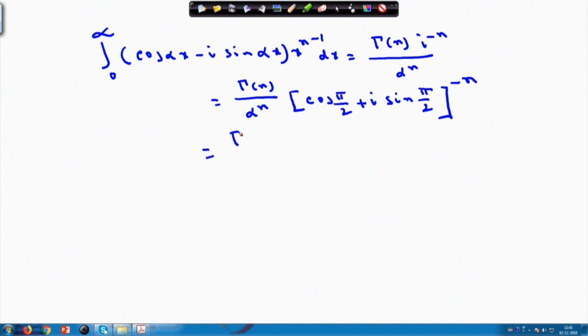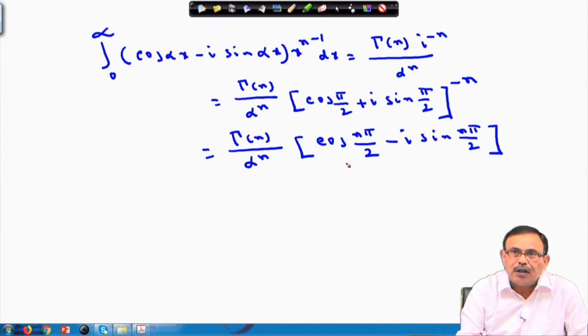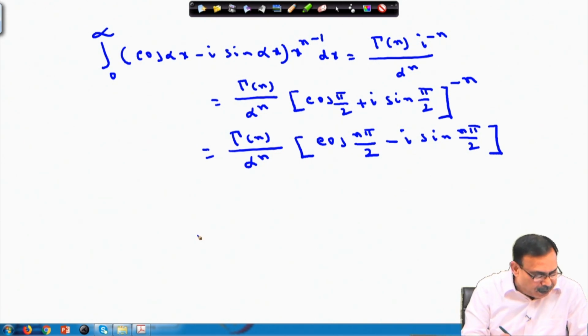So, once I am writing this, using again the theorem, this n can come here. So it will be cos n pi by 2 minus i sin n pi by 2. This directly we can write down: cos pi by 2 plus i sin pi by 2 whole to the power minus n, we can write as cos n pi by 2 minus i into sin of n pi by 2.